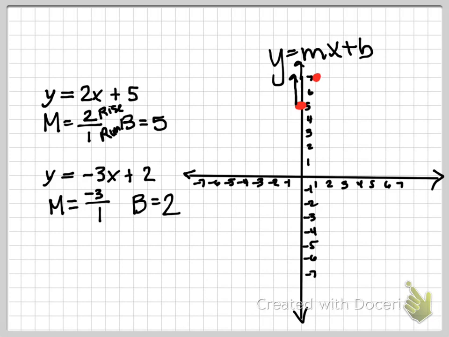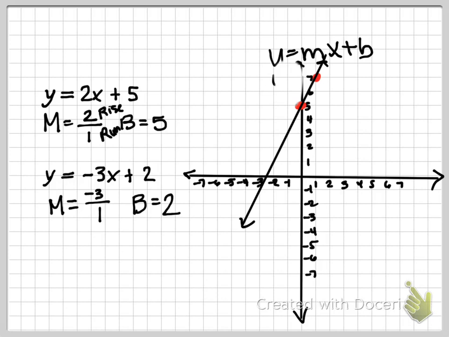I would not go to the left because these are all negative values. Okay? And now I can just draw my line through them. All right, that's my first line. And that's exactly how you would graph in slope-intercept form.